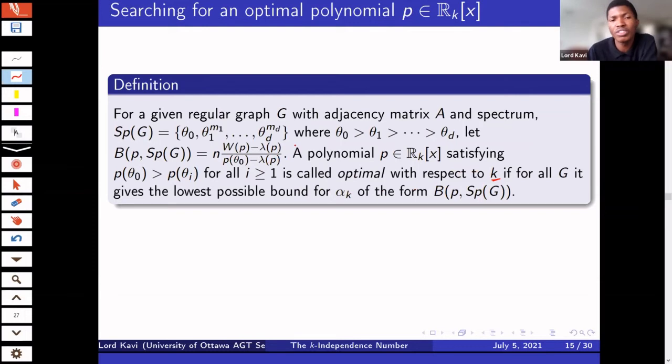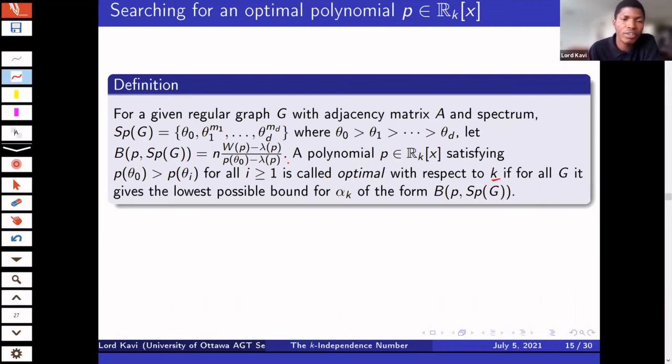And one thing we can also observe is that we are basically looking for a closed form formula that depends strictly on the spectrum. And therefore, when we observe this, we want to get a polynomial such that for any k at all, we are able to say, okay, this is the polynomial, and that gives us the best bound possible using this formula.